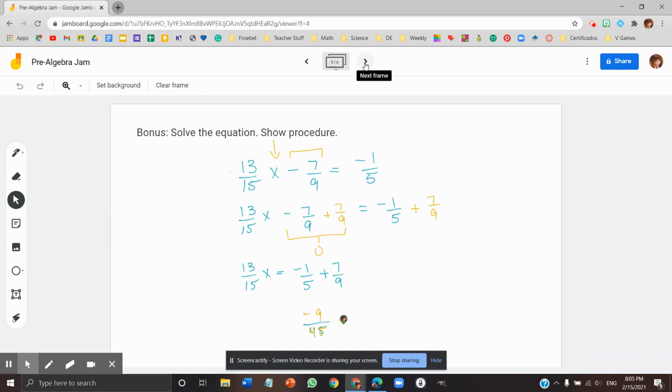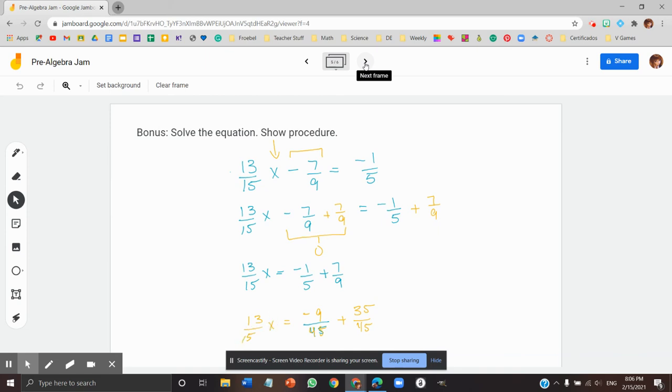Plus, again, what do I have to multiply that 9 by to give me 45? By 5, right? So 7 times 5 is going to be 35, and 9 times 5 is 45. So I just multiply them both by a whole number, and everything's going to go back where it was.